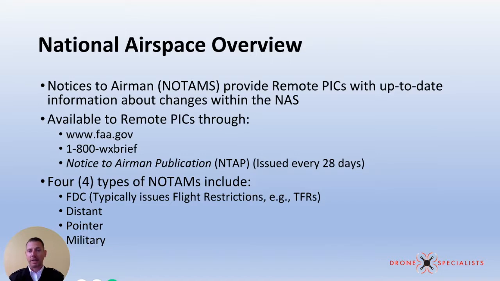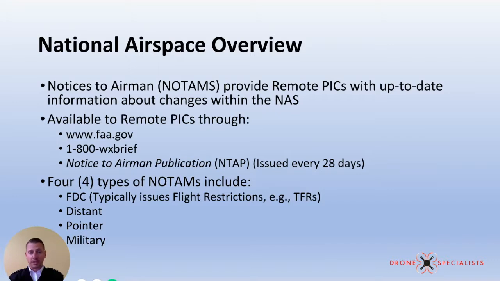or online at FAA.gov. You can actually read through hundreds of different NOTAMs and try to make sense of it. I like the previous two, 1-800-WX-BRIEF and FAA.gov, a little bit better. It's a little bit easier to navigate, if you will, than the Notices to Airmen publication.